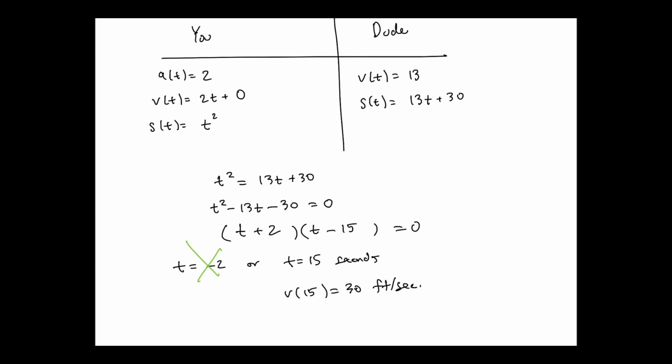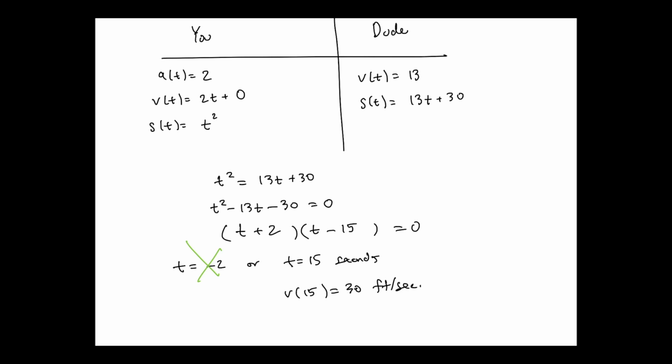Okay, so yes, you can also get how fast you were going with that t equal to minus 2.